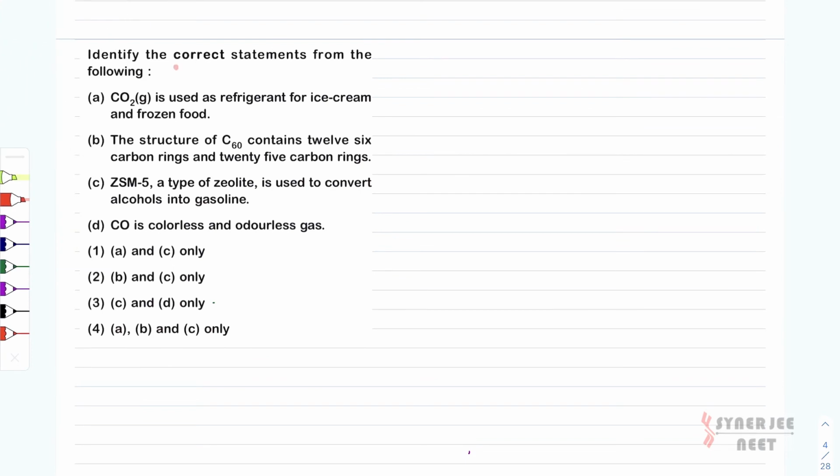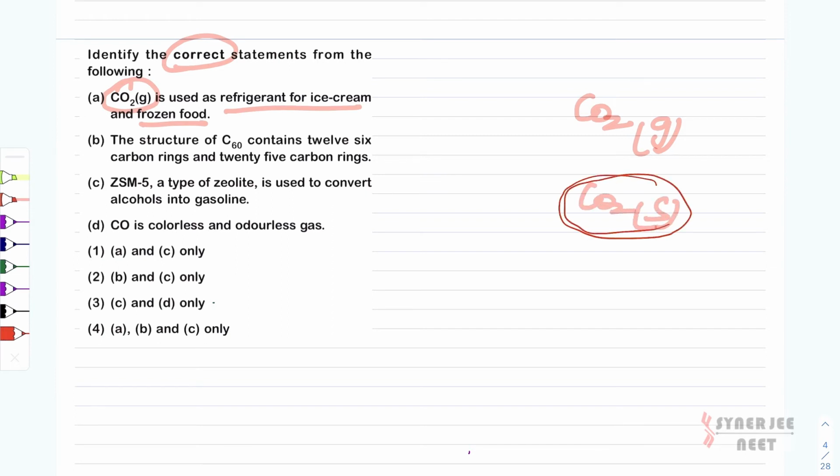Identify the correct statements in the following. Now, CO2 gas is used as refrigerant for ice creams and frozen food. Actually CO2 in the gaseous state is not used as a refrigerant, but CO2 in the solid state is used as a refrigerant, because solid CO2 is at very low temperatures, around -70.